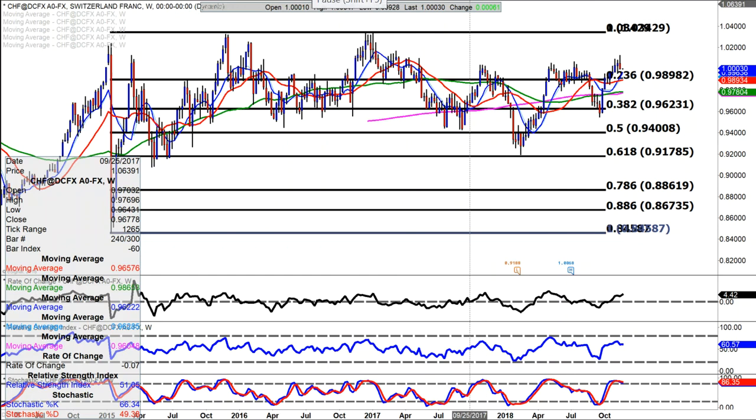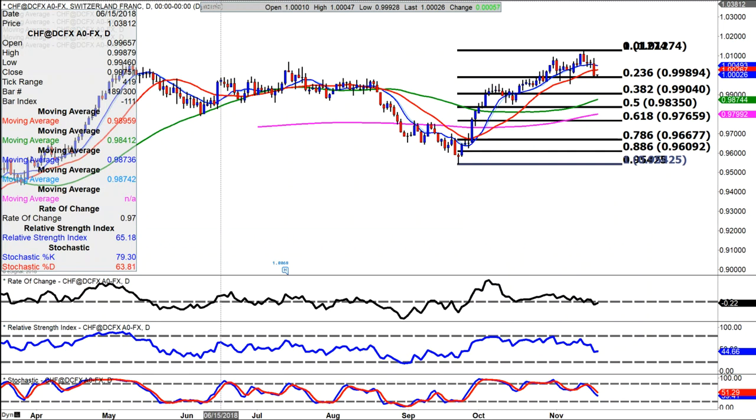Let's have a look at the daily chart. Again, there isn't that much more to add on the daily chart. Our moving averages are above the price currently at the moment. You can see the daily moving averages. The 9-day is at 100.49. The 21 day is at 100.26.